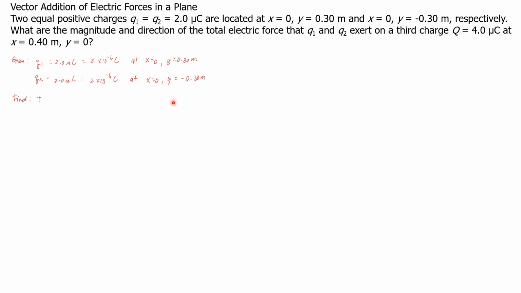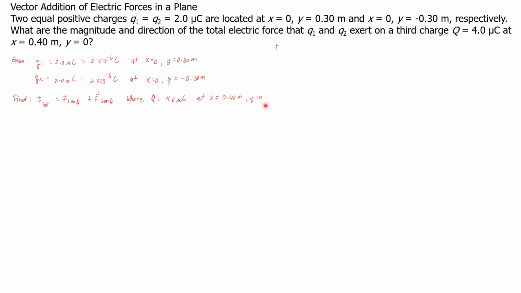So we need to find the magnitude of the total force that Q1 and Q2 exert on the third charge Q. So we need to find the total F, that is 1 on Q and 2 on Q, where Q is equivalent to 4 microcoulomb, that is 4 times 10 to the negative 6, located at x equal to 0.40 meters and y equal to 0.